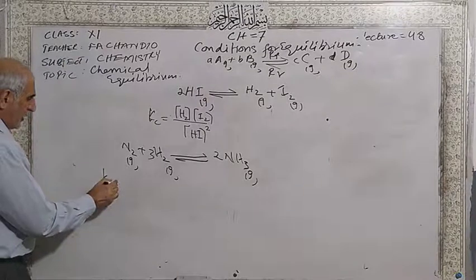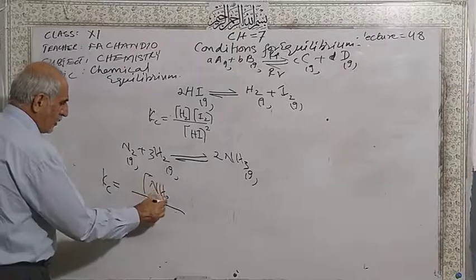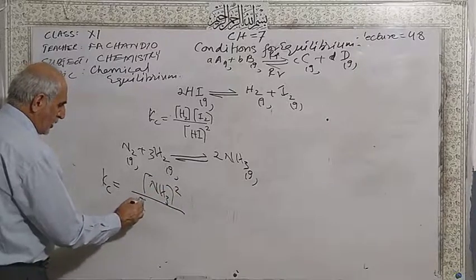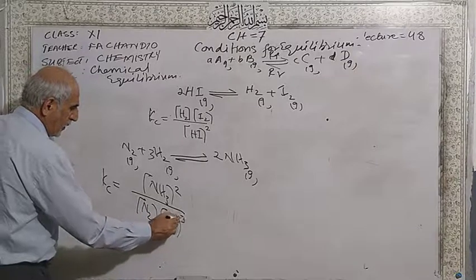So for the equilibrium constant, the concentration of product is raised to power 2, and the concentration of the reactant hydrogen is to the power 3.